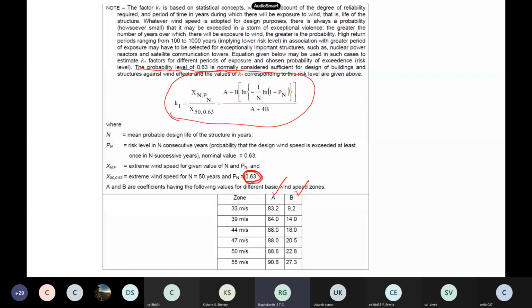Assuming 50 years, this 63 comes up. Now, if you want to calculate for some other n value, then this formula has to be used. And our code says a 63% risk probability level is acceptable. I think this number would have come from the insurance people. So this is for the design of buildings. This is what they say, and all of you should understand it.